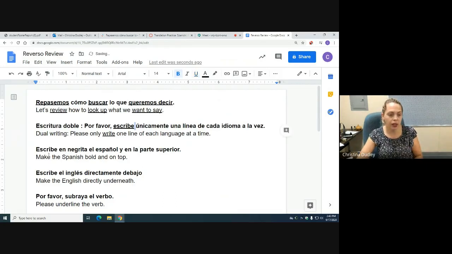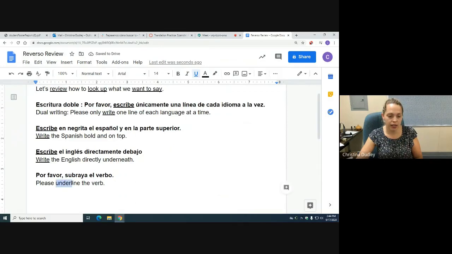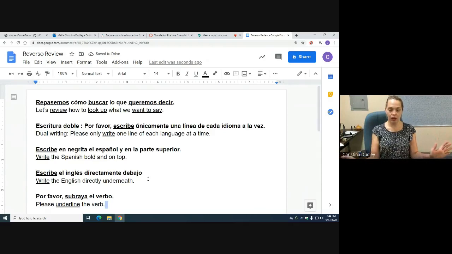And then down here, write. Okay, so we'll underline that. And then make, even though we could change that to write if we wanted to be correct. Okay, and then, exactly the same, underline. And we'll change that to write as well. Okay, and then underline, which is what we're doing. Ironic, subraya. Okay. So that is the end of that, okay?